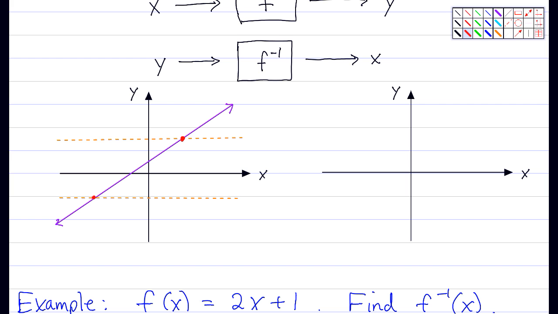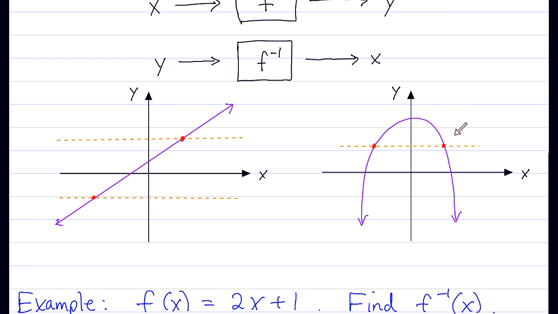Now what about a function that perhaps doesn't have an inverse? A good example of a function like that would be a parabola. Here's a parabola. Notice that when I draw my horizontal line, here it crosses in two spots. One right here, another one right here.